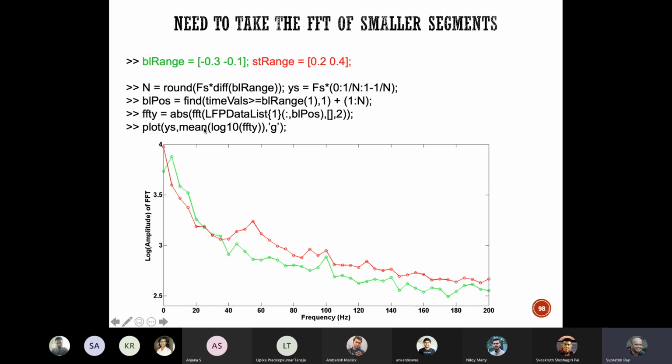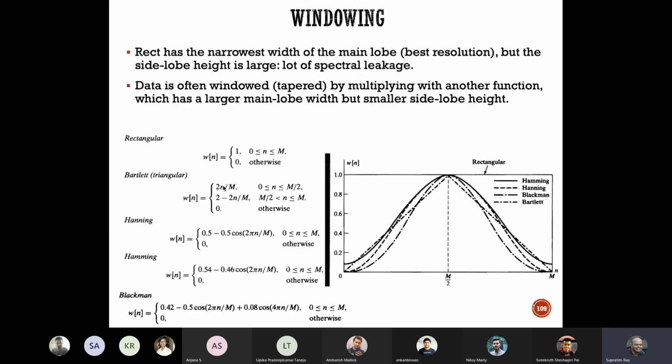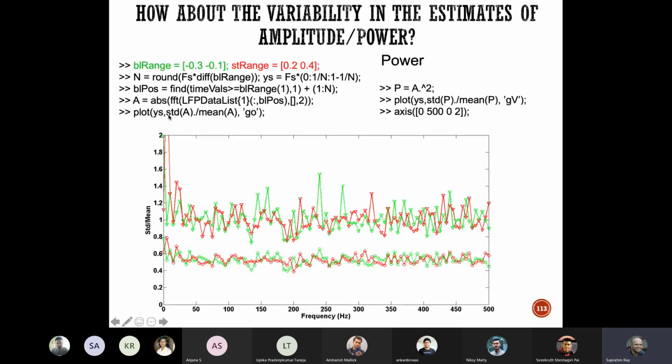Now, instead of the mean, I'm going to plot the standard deviation. The mean is across 76 trials. The standard deviation is also across 76 trials. And in fact, I'm going to plot the standard deviation divided by the mean.